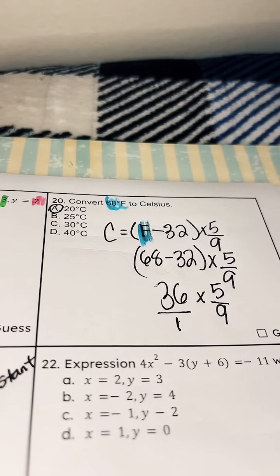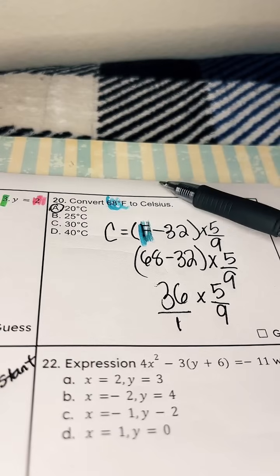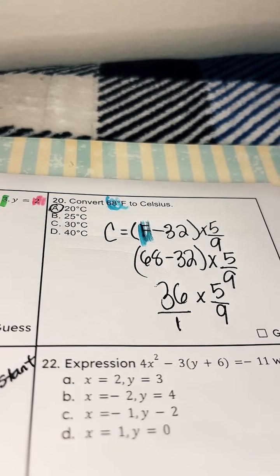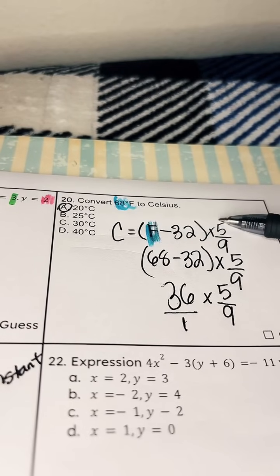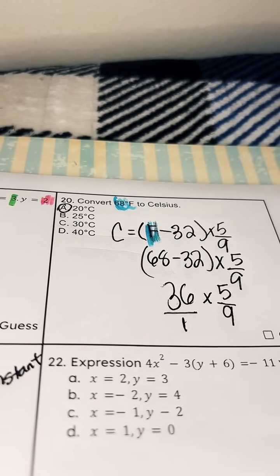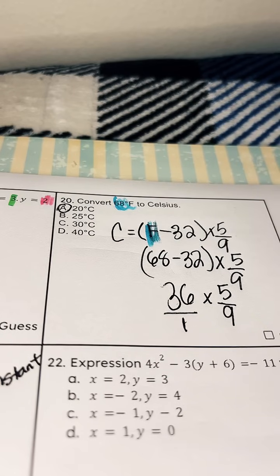The Fahrenheit to Celsius or Celsius to Fahrenheit? So this is the Celsius formula. And then there's a Fahrenheit formula. If you're asking me that, the Fahrenheit formula is this one. Is that what you're saying, Darius?